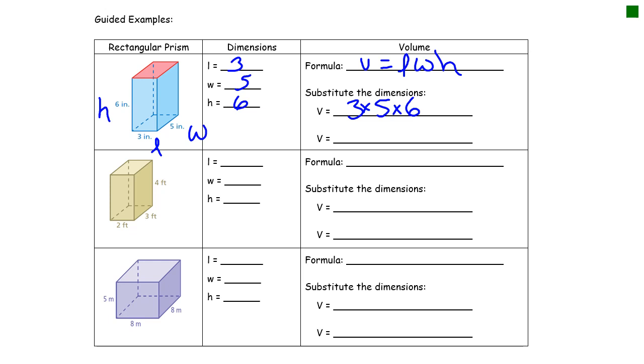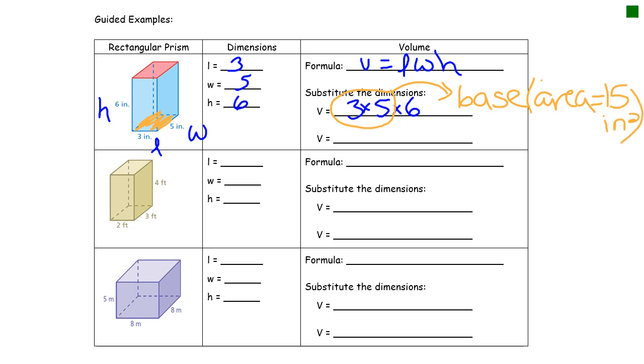So remember, just as a side note, the 3 times the 5 that was right here, that was your base. So that was the area of this part right here. And then we basically wanted to stack that on top of itself all the way up that 3rd dimension through the top of the shape to see what our total volume is. So the base would have an area of 15 inches squared, right?